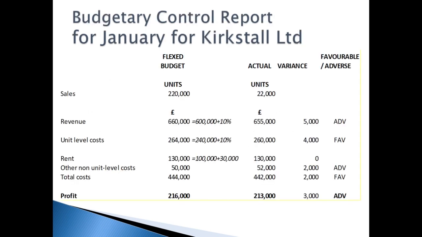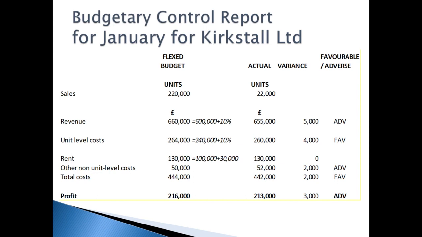So here is a revised version. Here is what we would have expected if we had known we were going to sell 220,000 units. So the revenue's gone up, the unit level costs have gone up, the rent's gone up, the other costs have stayed the same. Now we call this a flexed budget, whereas the other one we call a fixed budget.